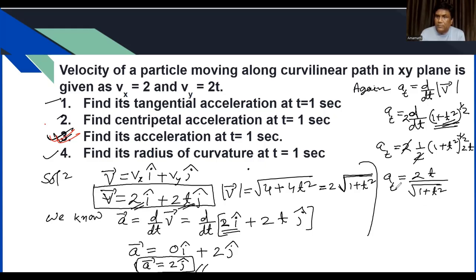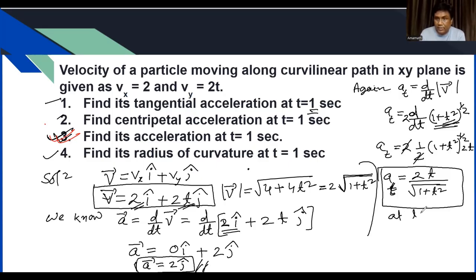So this is the expression of tangential acceleration. Remember, this is the expression of tangential acceleration, not the net acceleration. Now you see tangential acceleration is not constant. It is time dependent; at different times it will be different. So what they are asking is at t equal to 1 second.